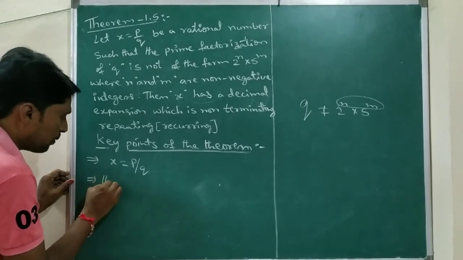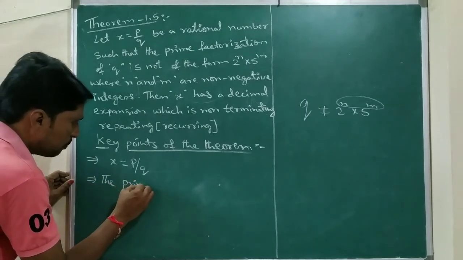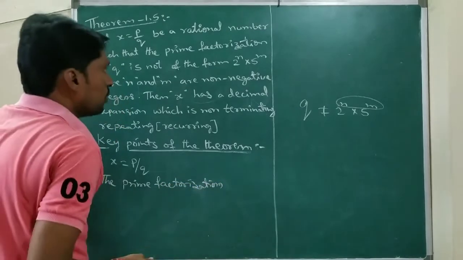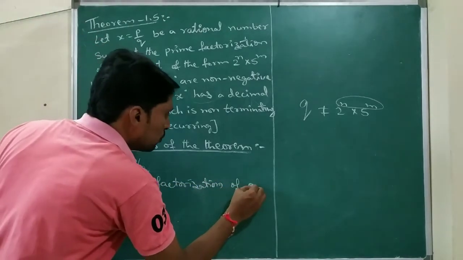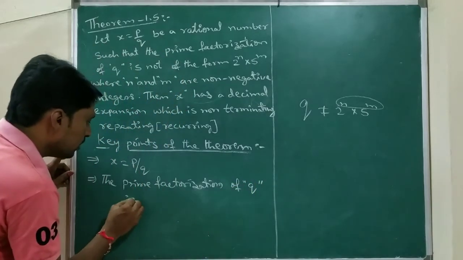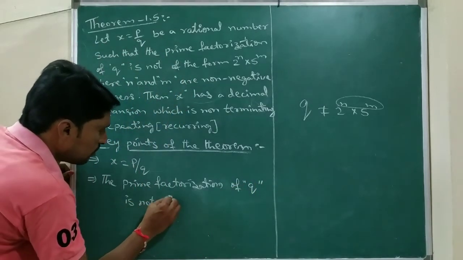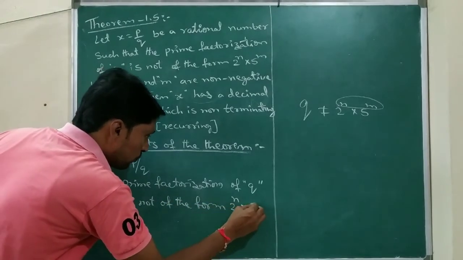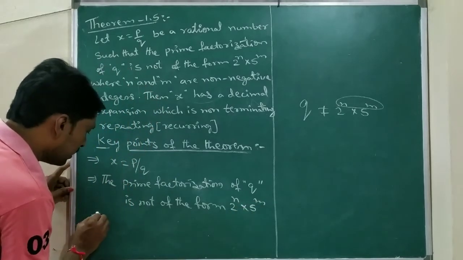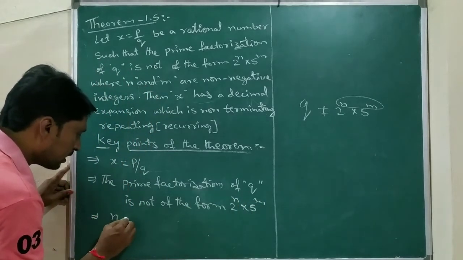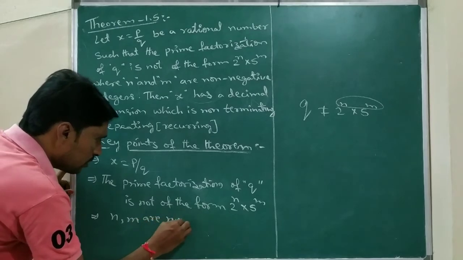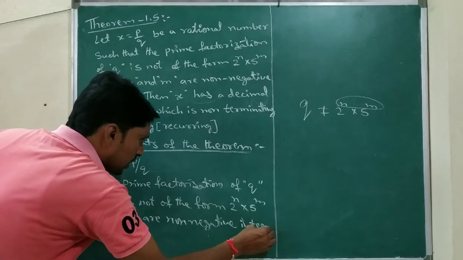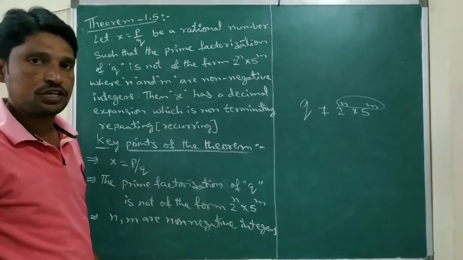The next one is that the prime factorization of q is not of the form 2 power n into 5 power m. And here n and m are non-negative integers. Non-negative integers means positive integers only.